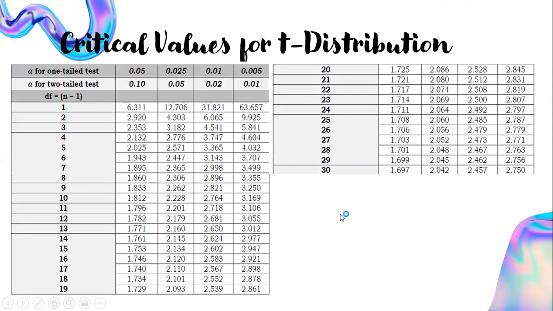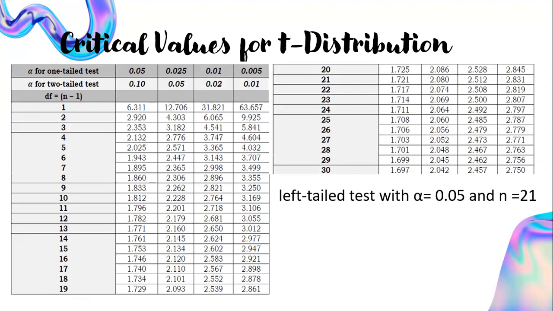So let's say, for example, it is a left-tailed test with alpha, or level of significance, equal to 0.05 and your sample size is 21. So n is 21 minus 1, so that will be 20. Looking at the table, a left-tailed test at 0.05, what's the value of that?